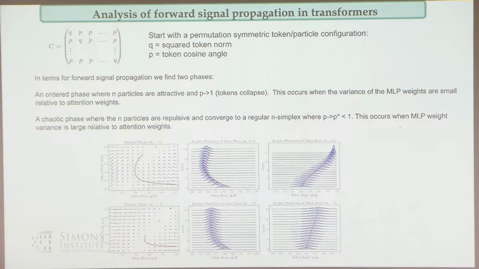Okay. So again, just to summarize, if the Lyapunov exponent is negative, forward propagation is in the ordered phase, and this fixed point is stable. If the Lyapunov exponent is positive, the forward propagation is chaotic, and this fixed point is unstable. We can do the same thing for backward propagation.